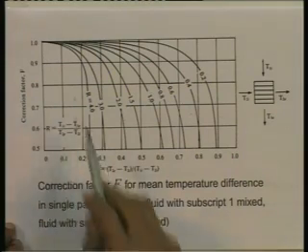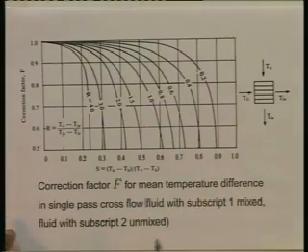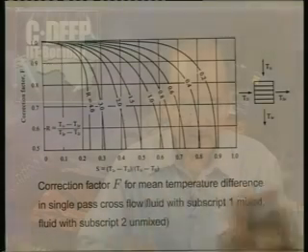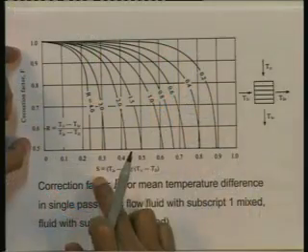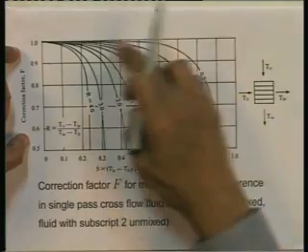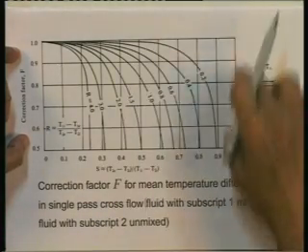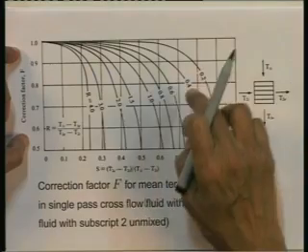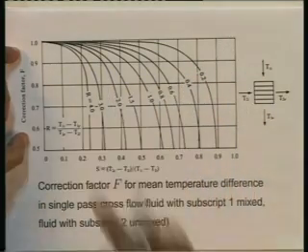The nature of the curves is of course the same, keep that in mind, but the values are very different for the different cases. Again it is f plotted against s with r as the parameter varying from 0 to 4. 0 is the horizontal and the vertical line, then 0.2, 0.4, 0.6, 0.8, all the way up to 4.